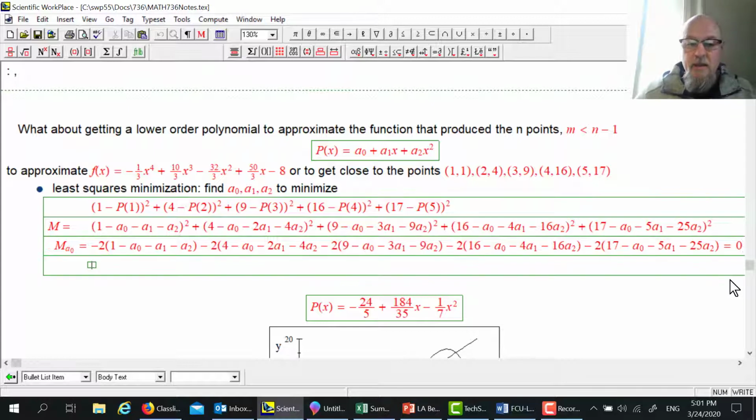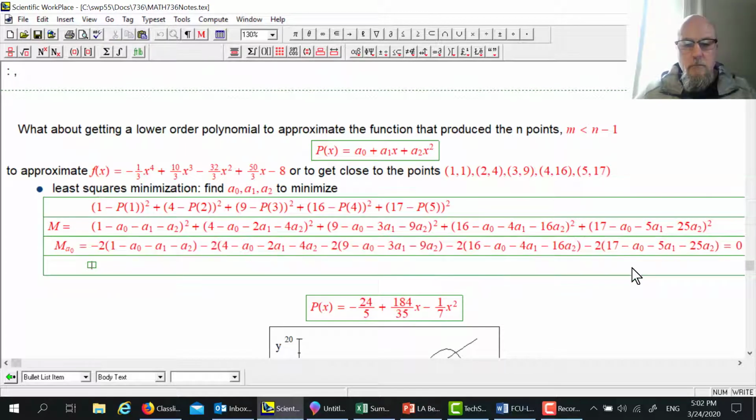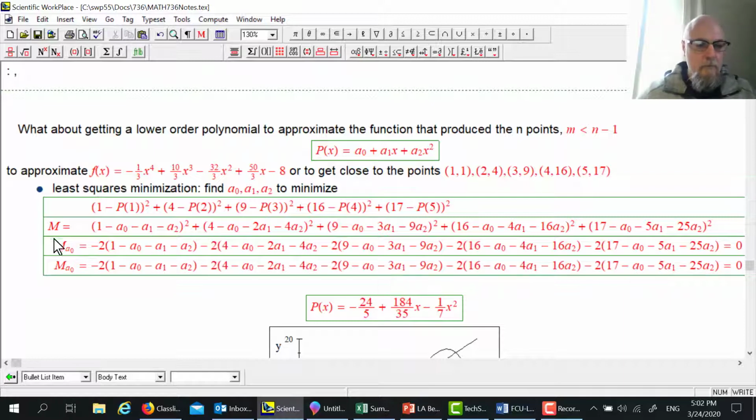Then I'm going to have a derivative with respect to a1. That's going to put out a -2, so this becomes a 4. I lost my bracket here.